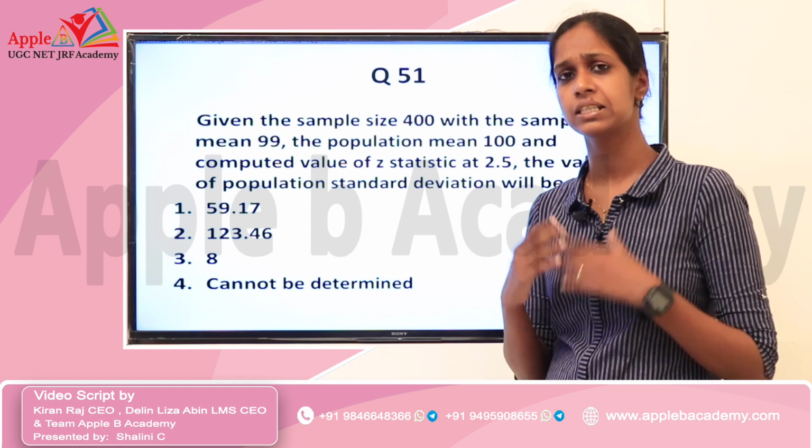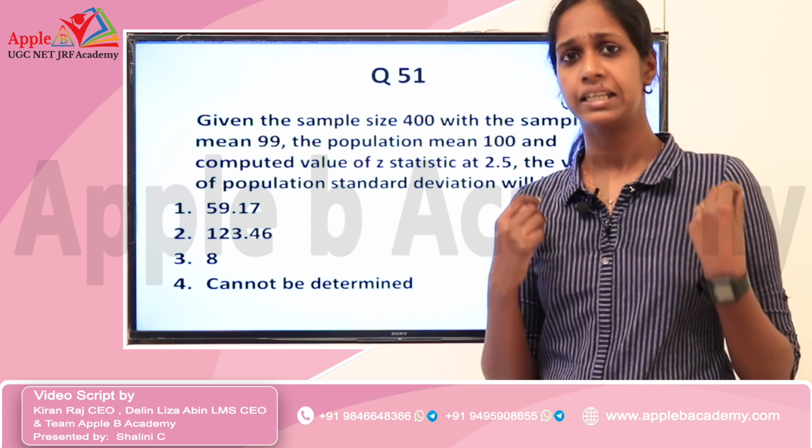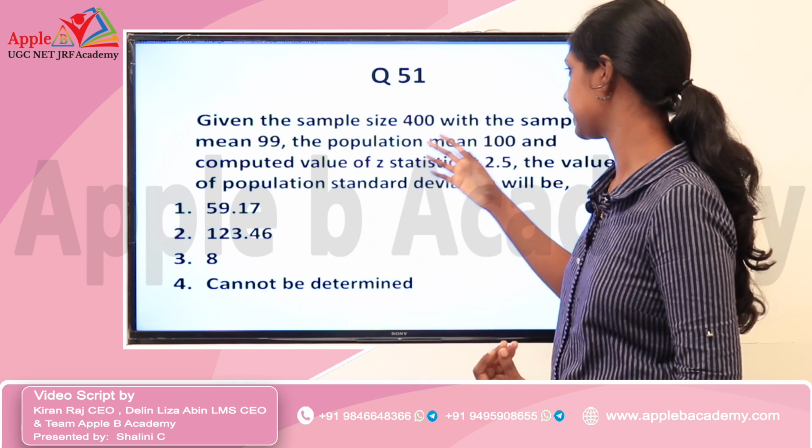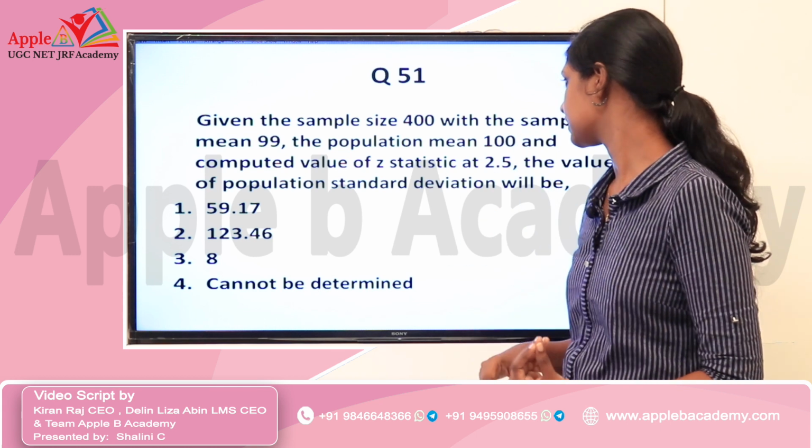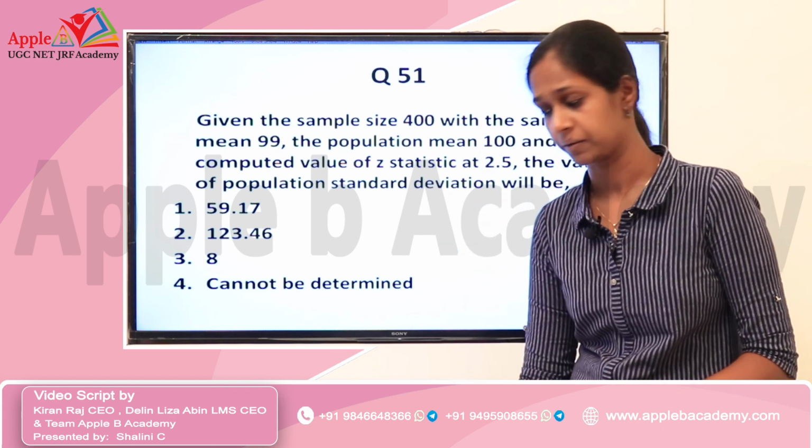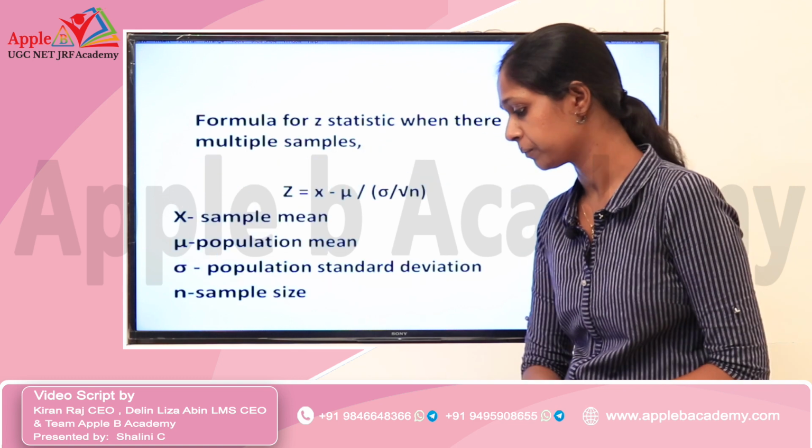So, let us look at the formula to find the Z statistic if sample size, sample mean and population mean are given.